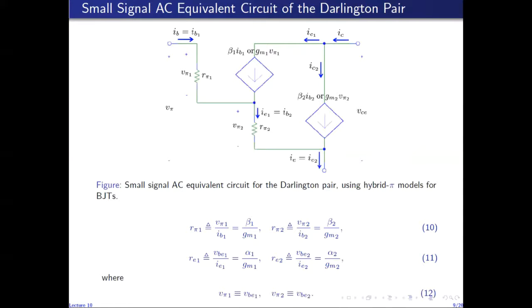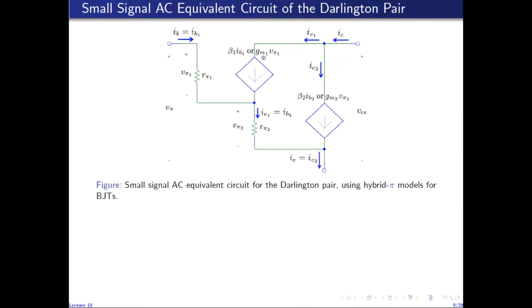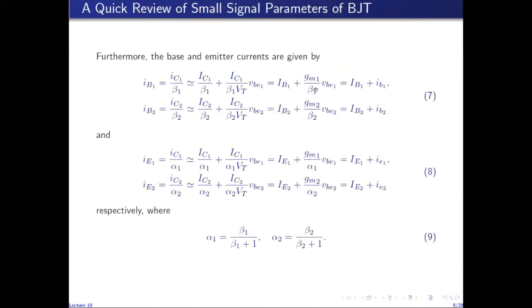And like I said, V pi is just VBE. Conventionally, we write the resistance looking into the base, between base and emitter, as R pi. So we write the corresponding voltage as V pi. So this is V pi 1. The voltage across R pi 2 is V pi 2, and the total voltage is V pi, which is the sum of V pi 1 and V pi 2. And from these equations we can see that GM VBE is beta IB.